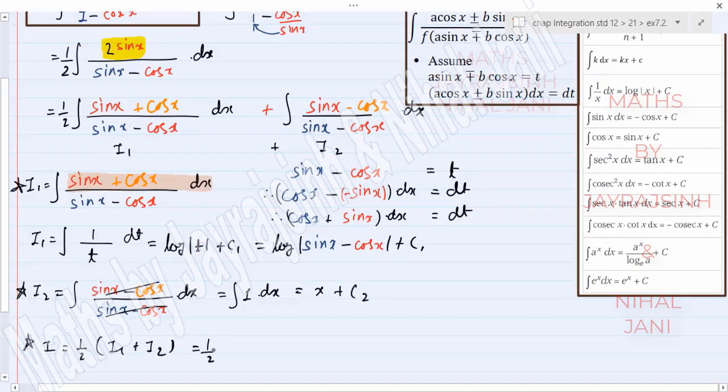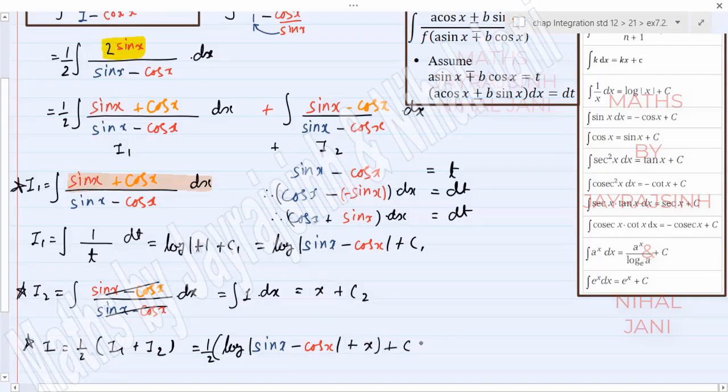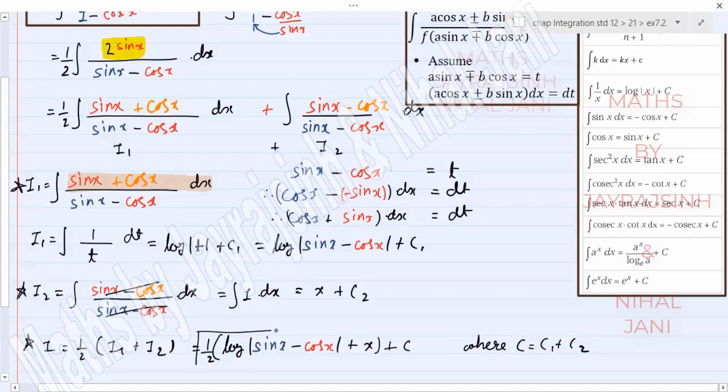So just place the value of I1 plus value of I2 plus C, where C is C1 plus C2. Ta-da! This is your final answer.